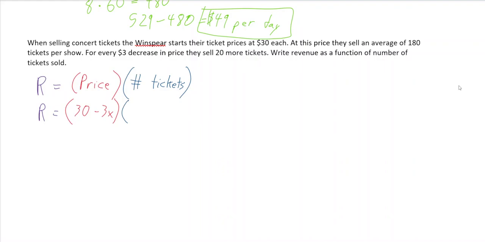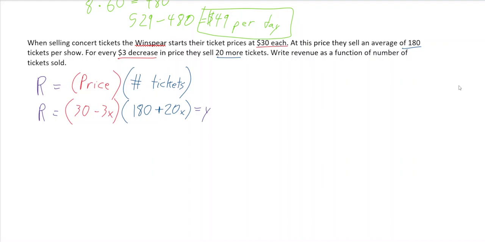And then normally they sell 180 tickets, and then you add 20 tickets per decrease. I read that wrong. So yeah, 20 more tickets, so you're adding 20. So this would normally be our function.